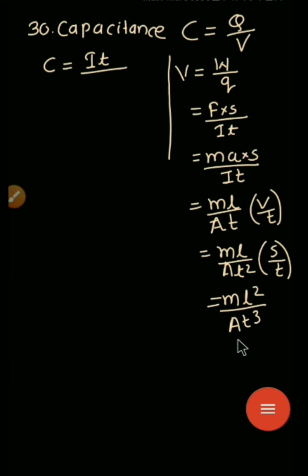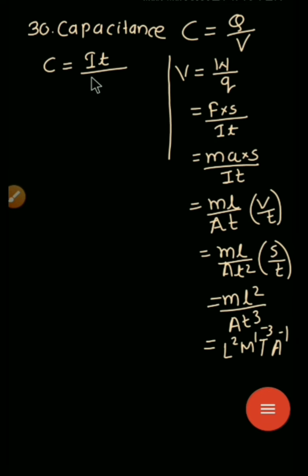In terms of the dimensional formula, we have L square m1 t minus 3 a minus 1.